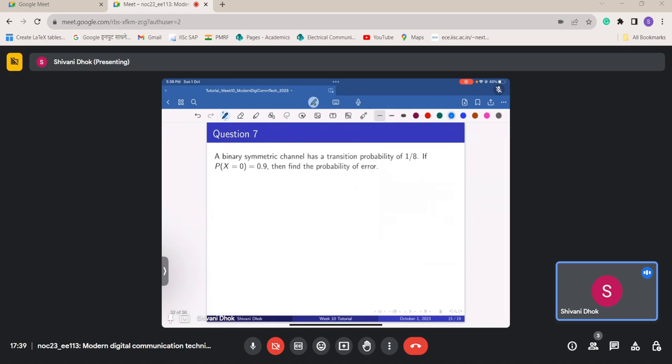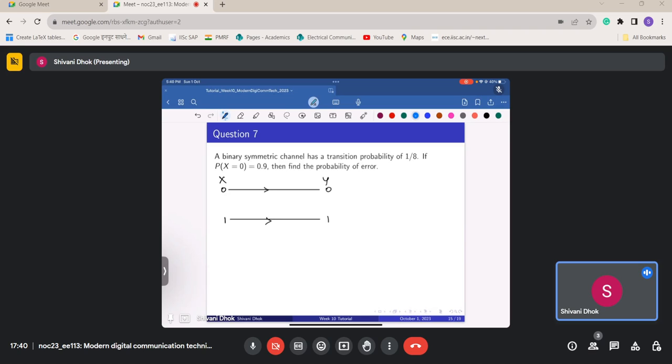So the next question says that we have a binary symmetric channel, and this has a transition probability of 1 by 8. We need to find the probability of error. So what is given is we have a binary symmetric channel. Okay, so this is 0, this is 1, this is X. We're having Y, so we can either receive 0 or receive 1.